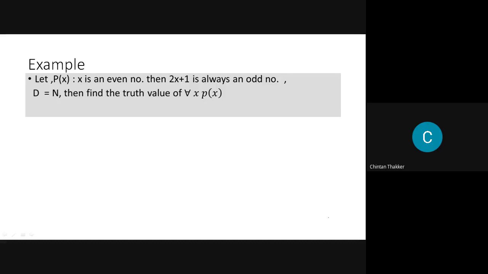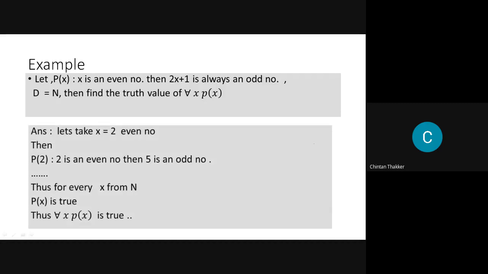This is the second example. Now here we have two methods to solve this example. The one is here we take the values one by one. First we take one even number, that x equal to 2.